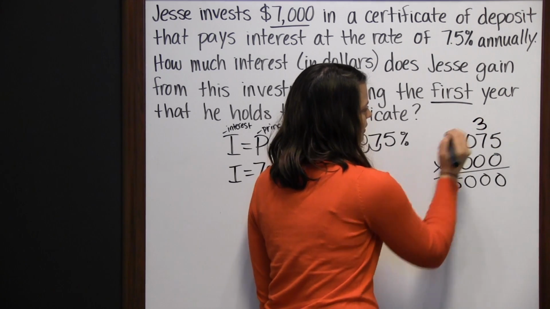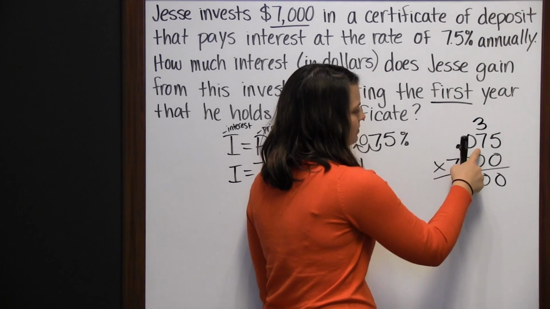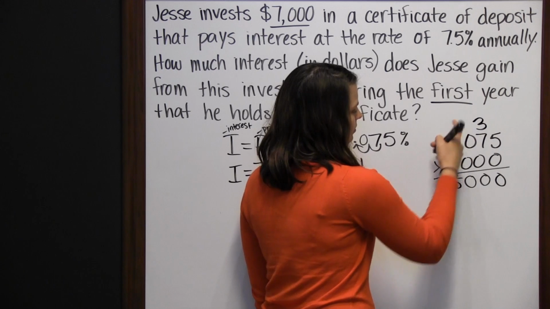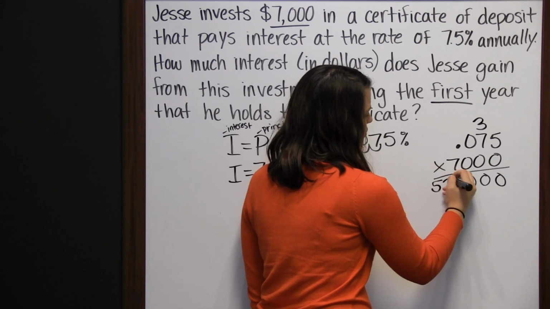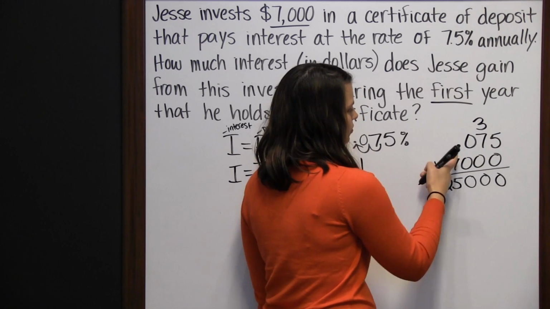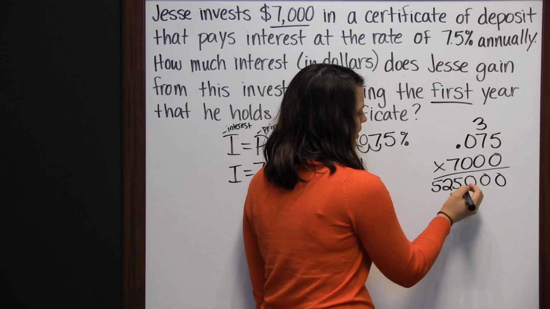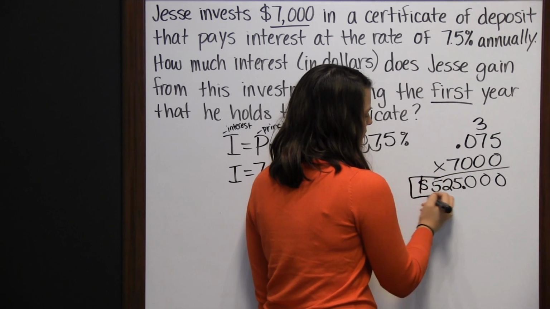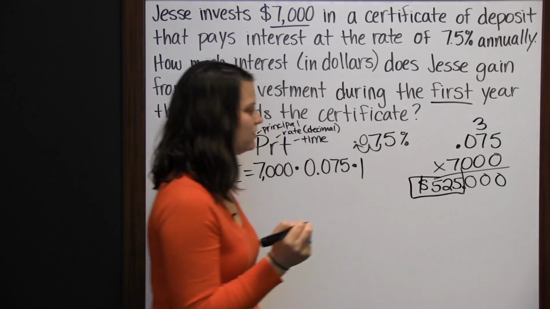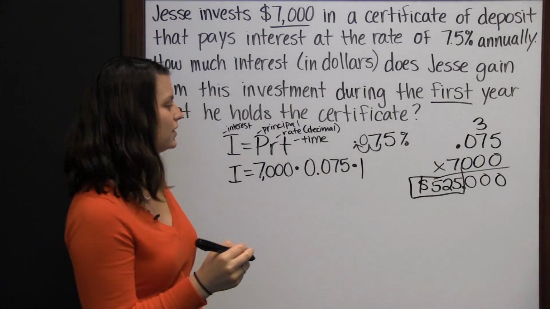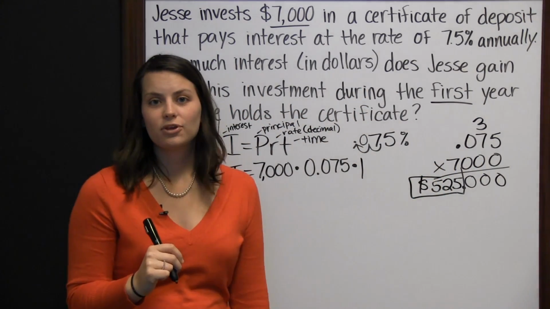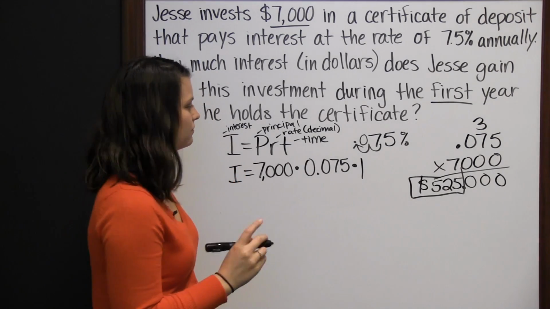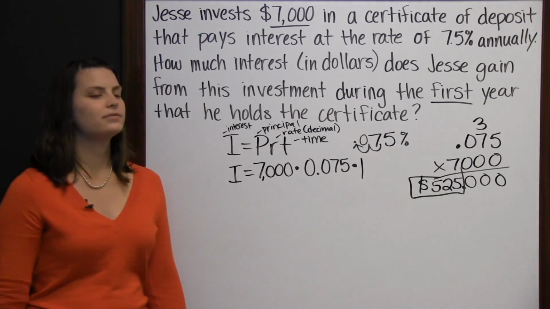Write the 5, carry the 3. 7 times 7 is 49, plus 3 is 52. And then we have 3 numbers behind the decimal, so 3 numbers behind the decimal. And that means that he's going to make $525 off of his investment. So that's the number you would need to bubble in, 525.